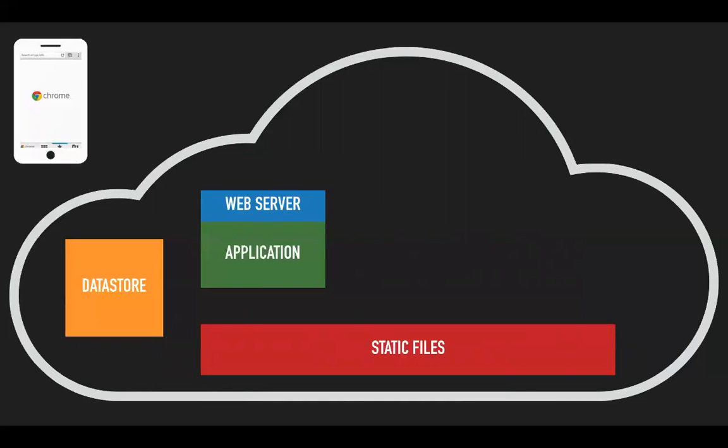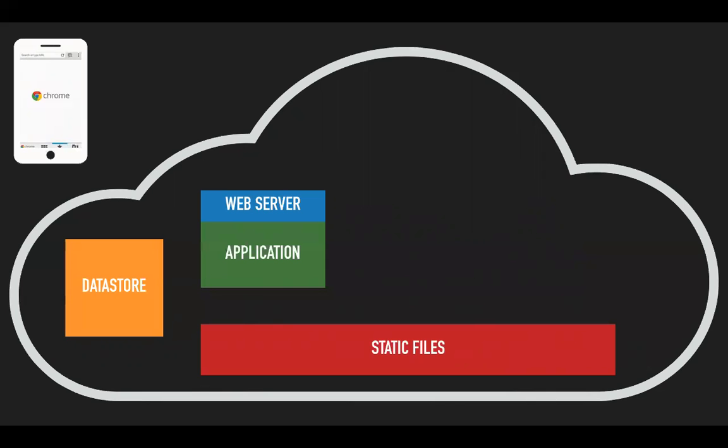So let's take a typical cloud setup. We've got, you know, a user on their phone over here on the left, and then we've got the main components, the data store, the web server, and the application, and the static files. And in a cloud setup, these are typically different computers. Of course, this varies. You could just buy, you know, one cloud-hosted server and throw everything on one.